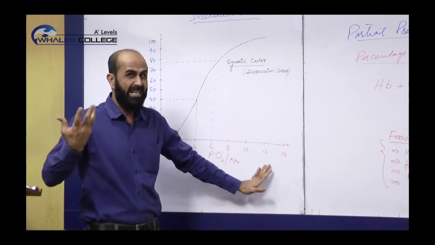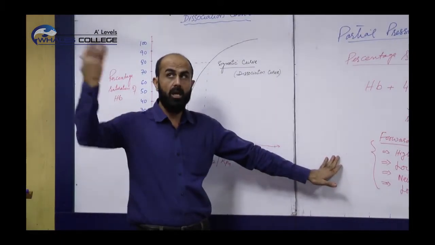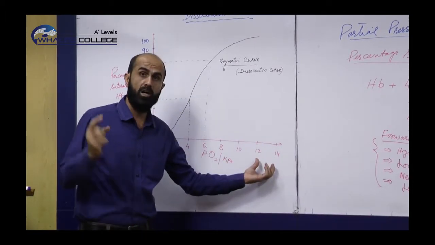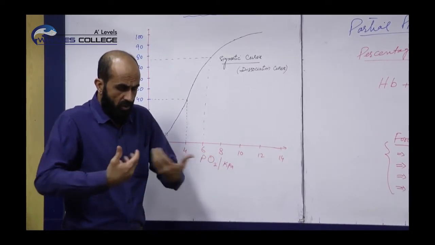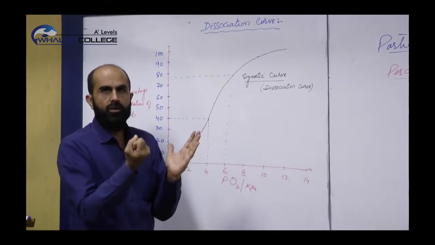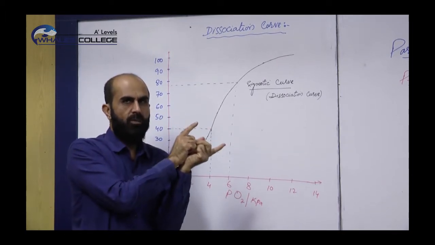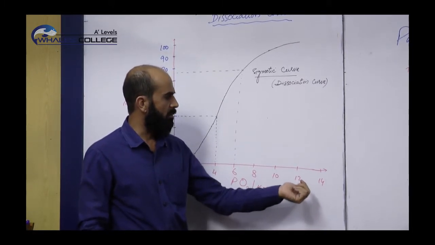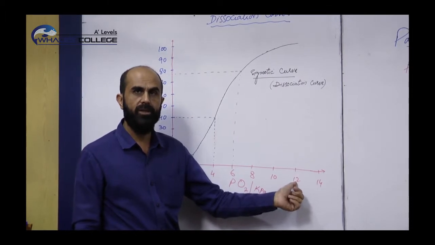It doesn't make sense to write 14, 16, 18 and 20 kilopascals, because in the air the oxygen is 20%. But we can't take 20% into account here because there's no 20% oxygen in our lungs, because hemoglobin picks up oxygen from the lungs, from the residual air. So we just consider the partial pressure of oxygen which is present in the lungs, and of course that maximum is still 11.2 kilopascals. Again, we are moving toward 12 kilopascals here.